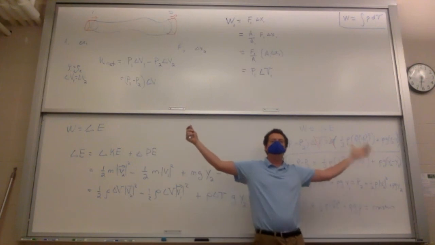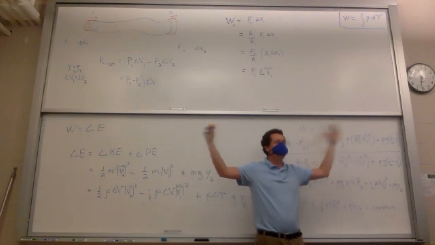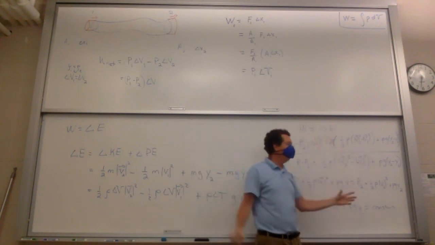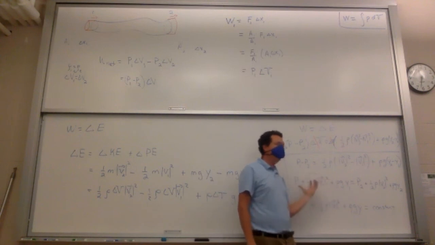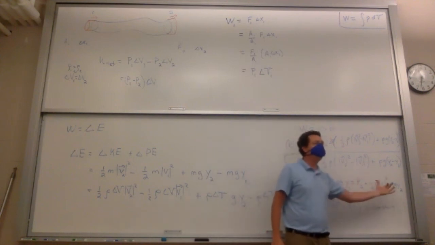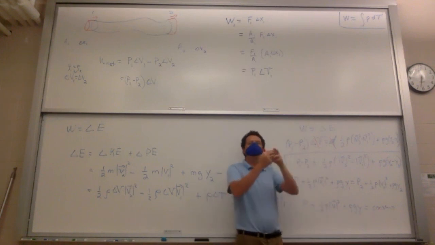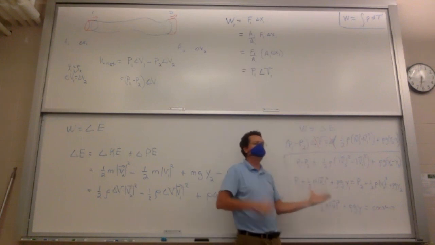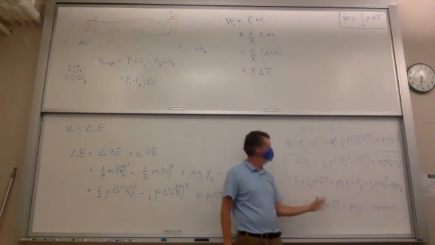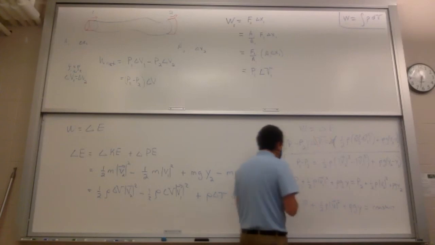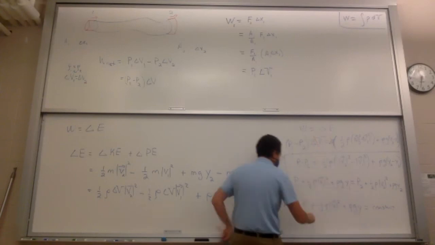And they don't talk to each other because it's just water droplets. So the only way that stuff here is related to stuff there is they must just be a constant, because there's no way that they could dynamically be talking to each other. So they must just be a constant value the whole time. And this is a really common way to see Bernoulli's equation. All three of these are called Bernoulli's equation.